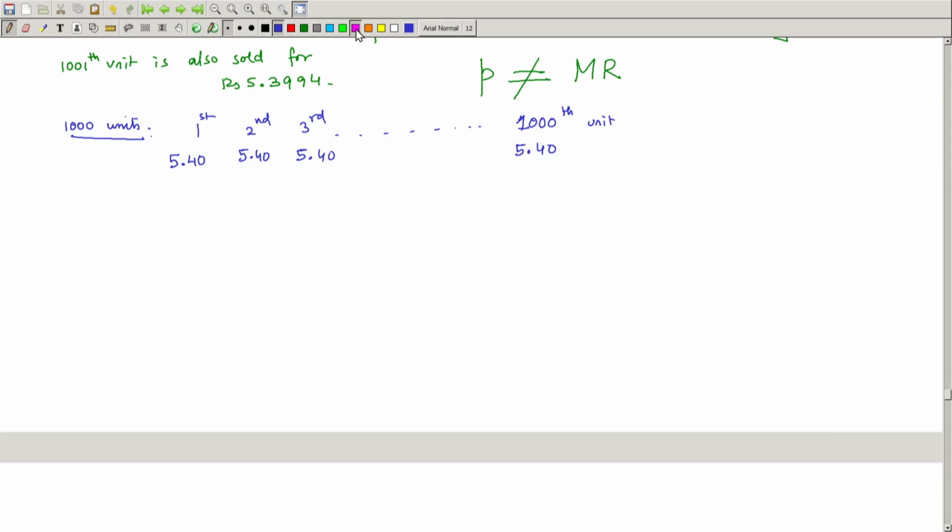However, when the firm now wants to sell 1001 units, and let us put down these 1001 units here, the first, second, third, the 1000th unit and the 1001th unit, for each one of these units, the firm has to reduce the price to 5.3994.